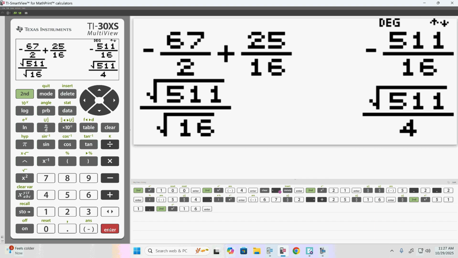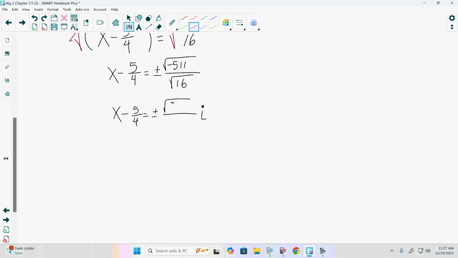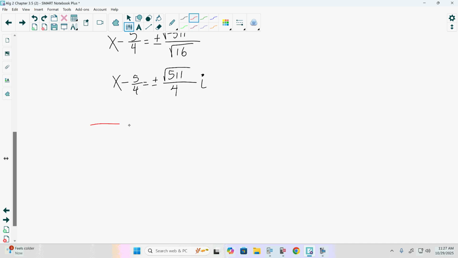So it will tell us that the square root of 511 over the square root of 16 is the square root of 511 over 4, and with the negative it comes out as i. Last but not least, we're going to add 5/4 to both sides, telling us x is equal to 5/4 plus or minus the square root of 511 over 4i.